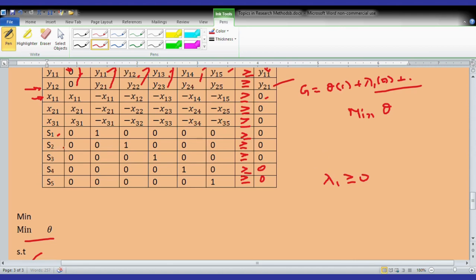Look into the S2 row: 0 multiplied by theta, 0 multiplied by lambda 1, 1 multiplied by lambda 2, 0 multiplied by lambda 3, 0 multiplied by lambda 4, 0 multiplied by lambda 5, greater than or equal to 0. And so we get lambda 2 greater than or equal to 0, and so on up till lambda 5. So lambda 5 will also be greater than or equal to 0.